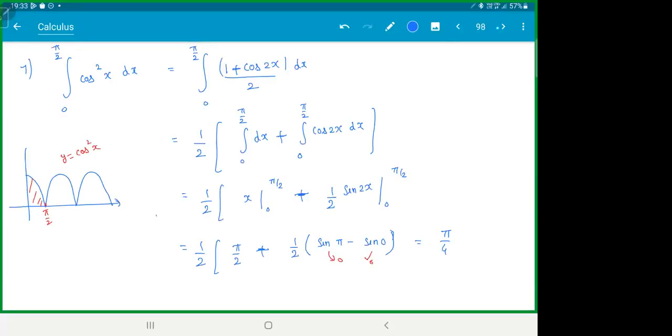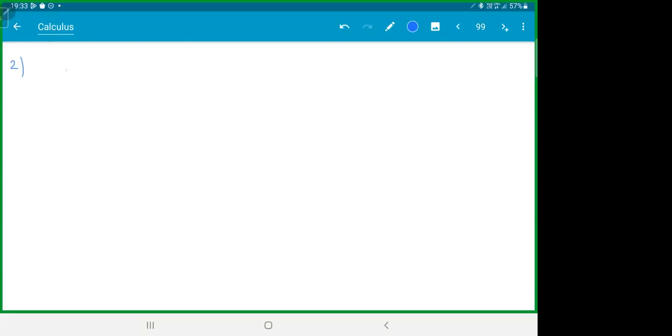Clear. Now let's see the same thing, but in more verbal form. They'll ask you a question like this: find the area enclosed by the curve y is equal to x square and y is equal to x cube.